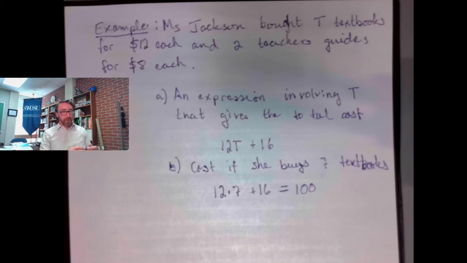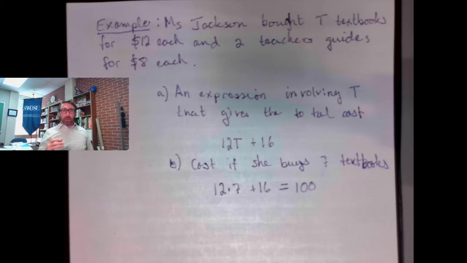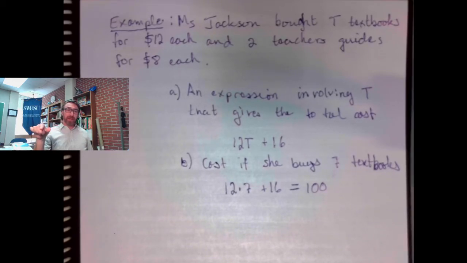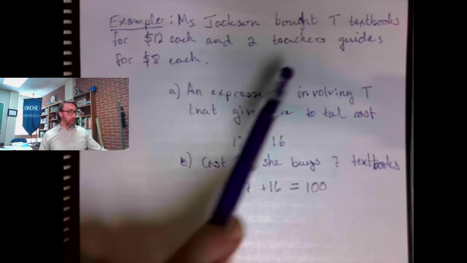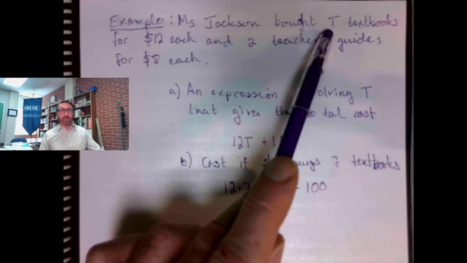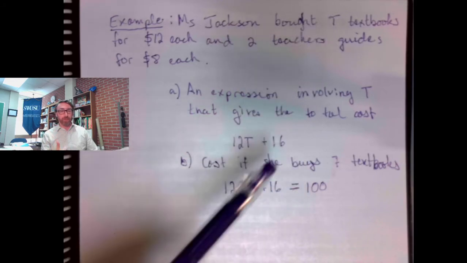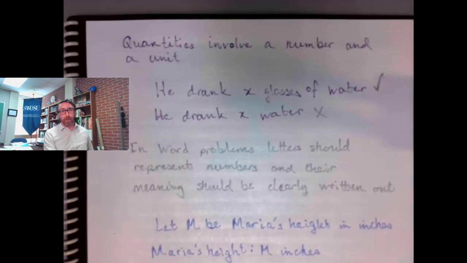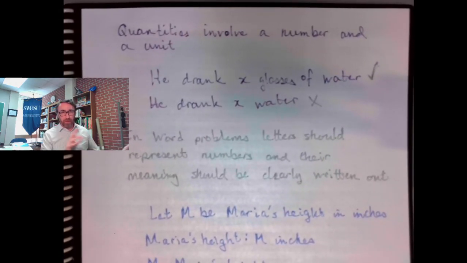Okay, so a couple of examples of using letters to help us demonstrate a calculation that would apply no matter what this number is. It shows us a procedure. It gives us a very quick way to write that down. All right. I do want to make a note about when we are using these letters, we've got to be a little bit careful about how we write things down.